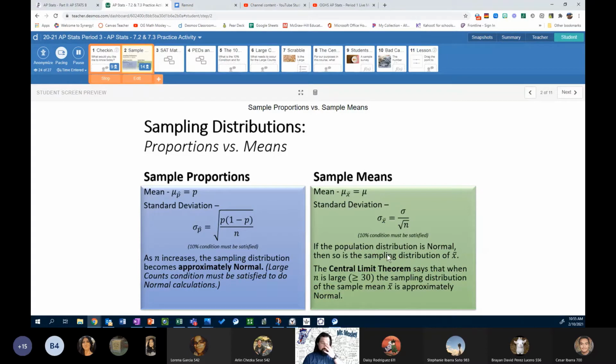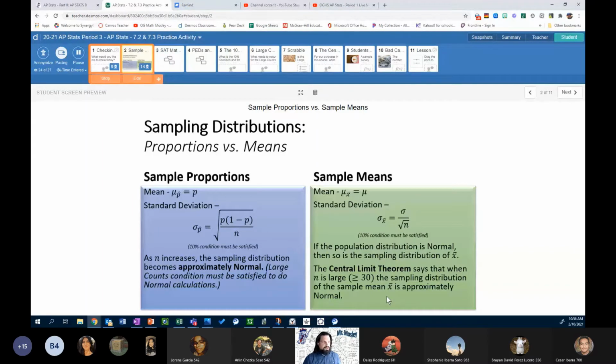If the population distribution is normal, the sampling distribution of x bar, the sample means, will also be normal.